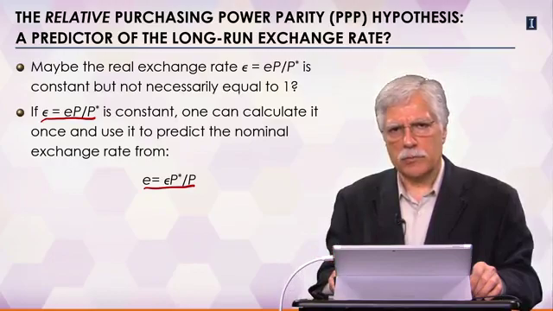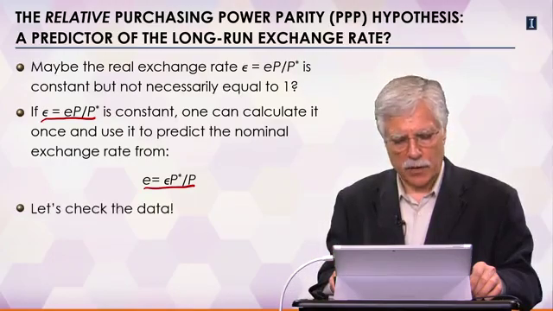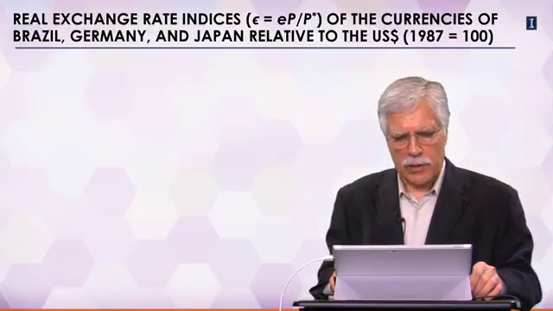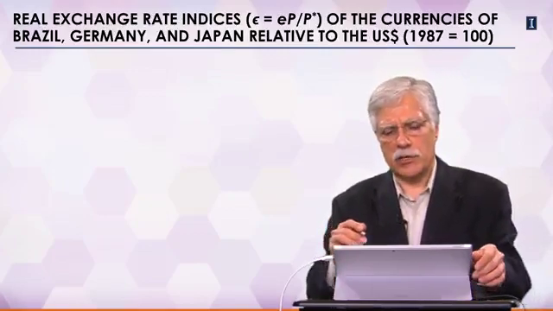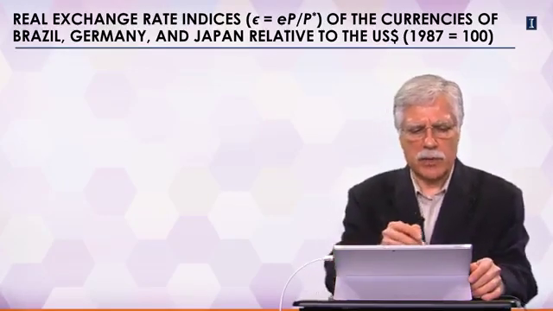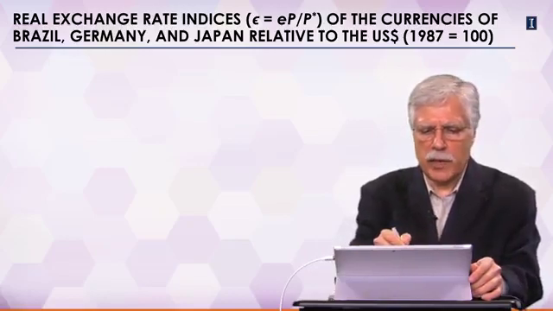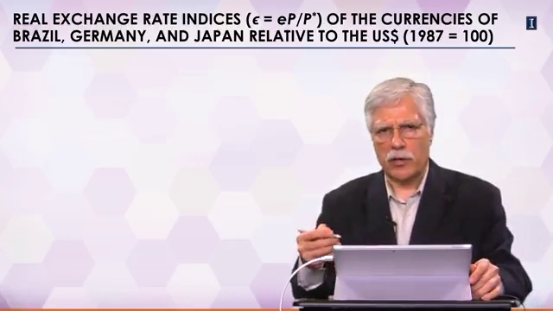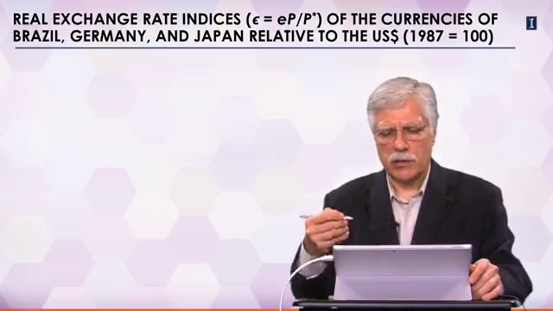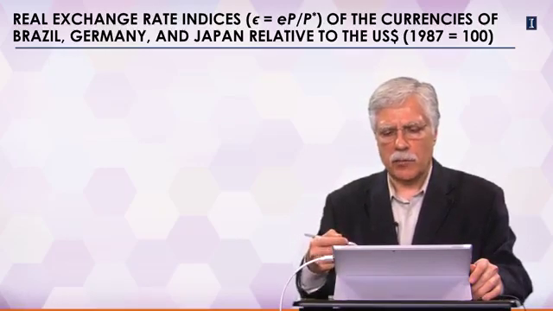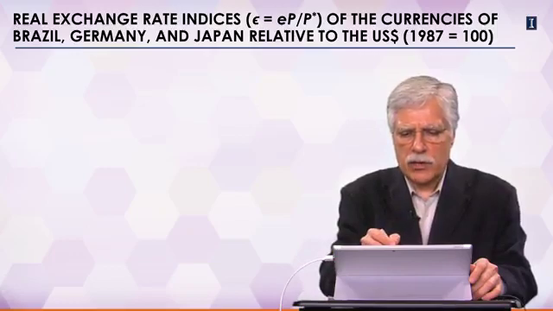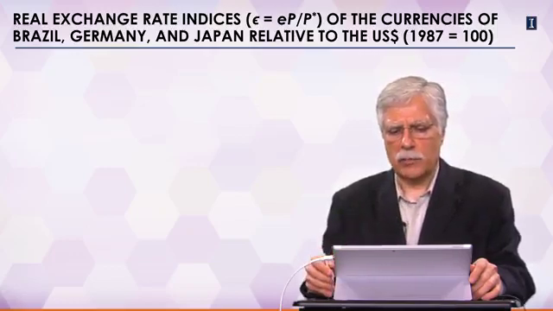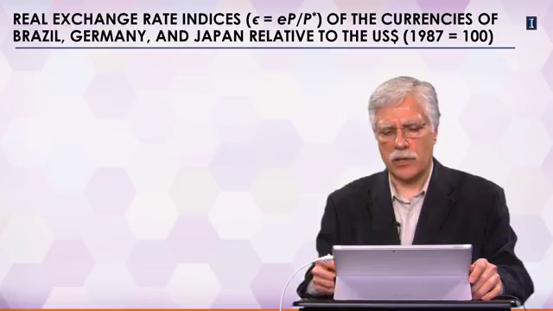Does this hold? So let's check the data. To do this, what I've done is that I have calculated the real exchange rate for three economies: Brazil, Germany, and Japan. And the foreign currency in this case is the US dollar for them. And what I want to know is whether the real exchange rate epsilon equal to EP over P star is constant for these economies.